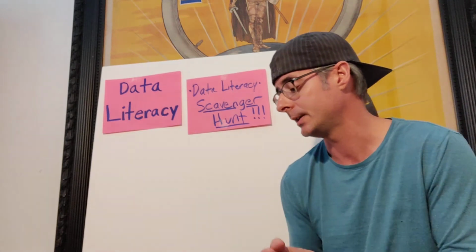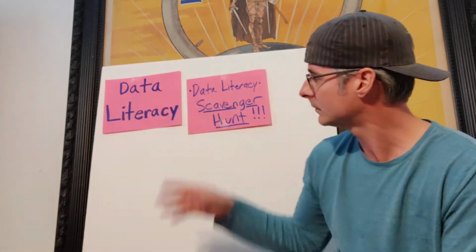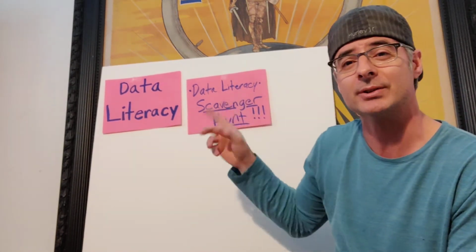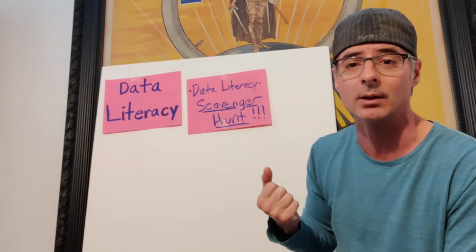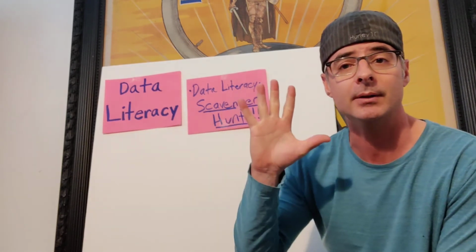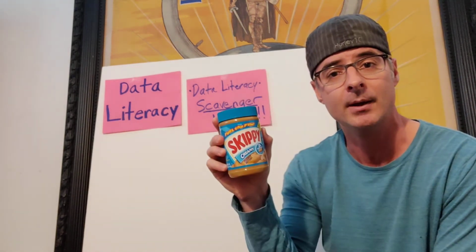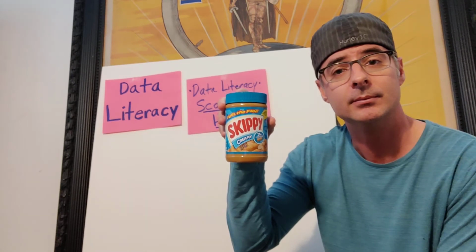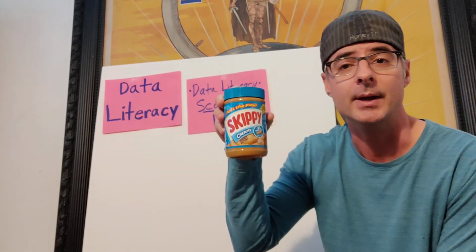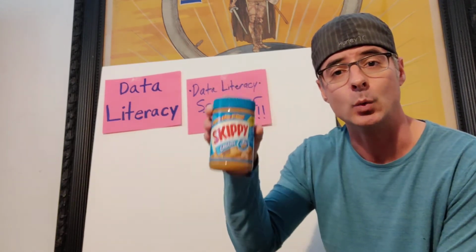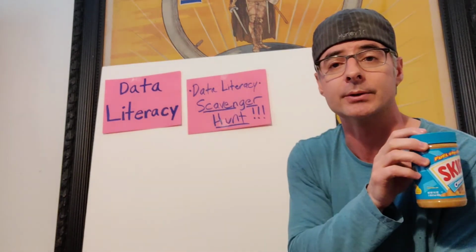So again, assignment, scavenger hunt. We're only doing a scavenger hunt to pull and collect information. You have to get 5 items that are found in your house. For example, Skippy. Do a search. How much does it cost per one, and where is it made? Is it made in the US or somewhere else, like China?